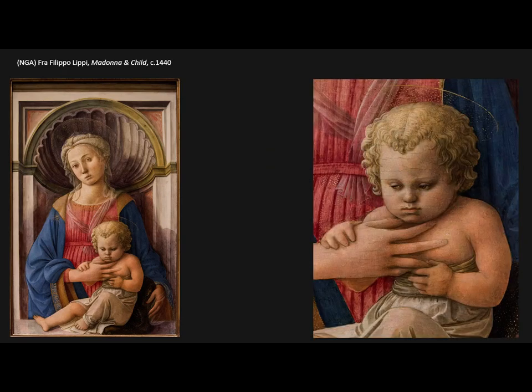As we look at other details, you'll notice a close-up of Christ here, that Christ again grabs the Virgin's fingers, almost like he's tweaking it a little bit as well. This is something that we saw with Giotto's work all the way at the beginning of the 14th century, where it's this sort of tenderness between mother and child. But in this case, it's also her ring finger that he's grabbing. And this, again, adds meaning to the work.